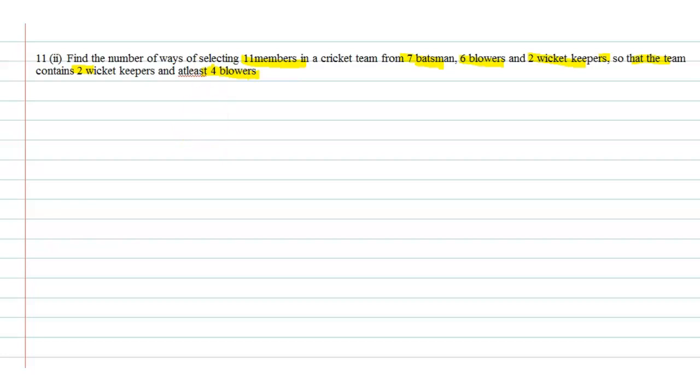Okay, now coming to the solution. Right here, first I am writing the given data. First, batsmen are given. Total how many batsmen are there? Here we have 7 batsmen, and bowlers. Total how many bowlers do we have?